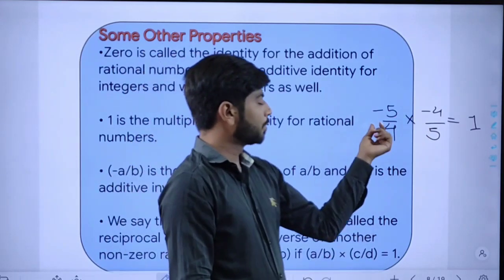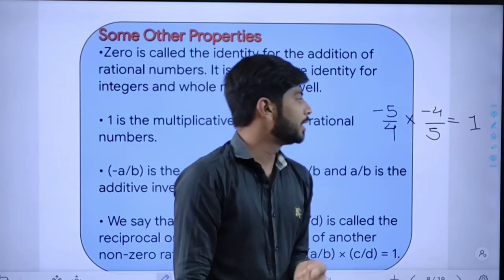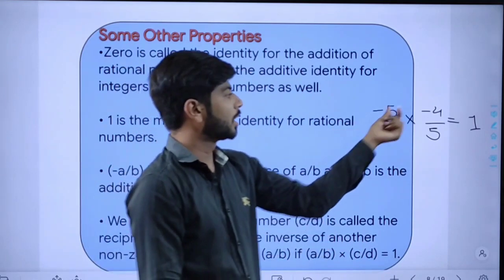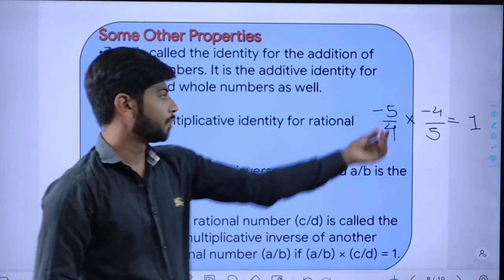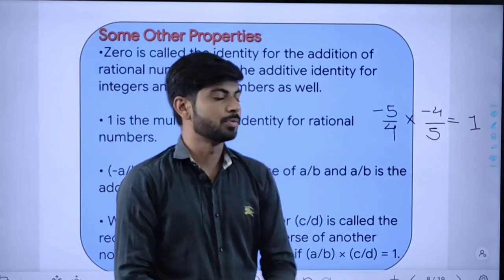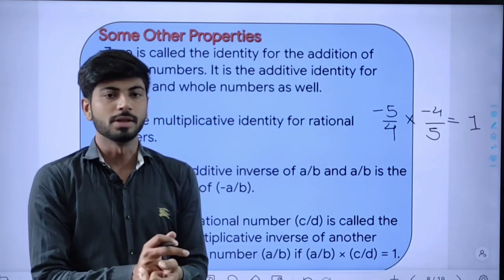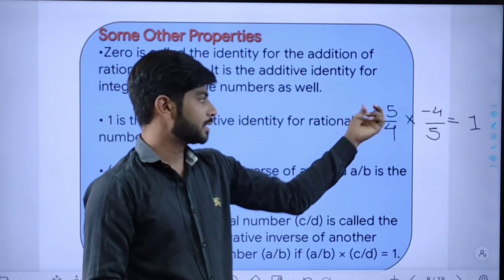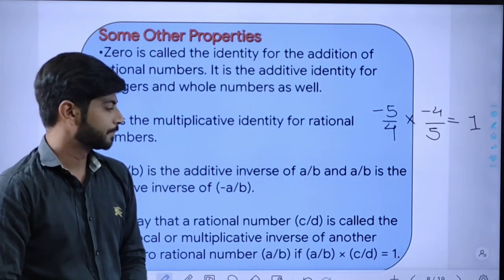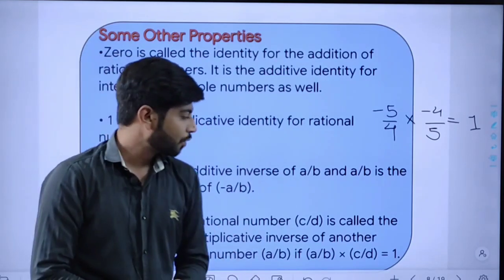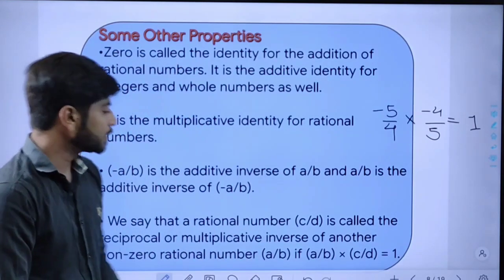So remember that the multiplicative inverse has the same sign as the given number. If it is positive, then its reciprocal or multiplicative inverse will also be positive. If it is negative, then the multiplicative inverse will be negative. Okay, I think you now understand all these properties.